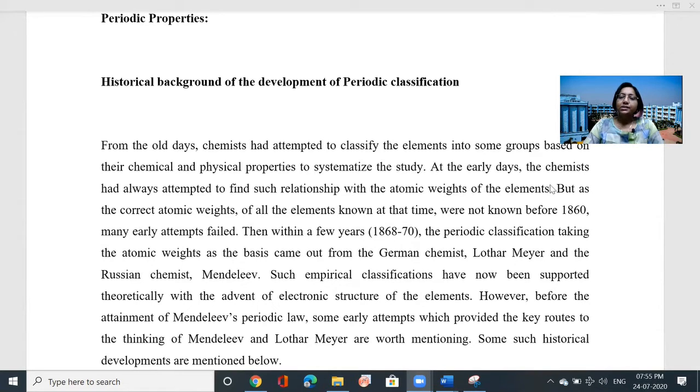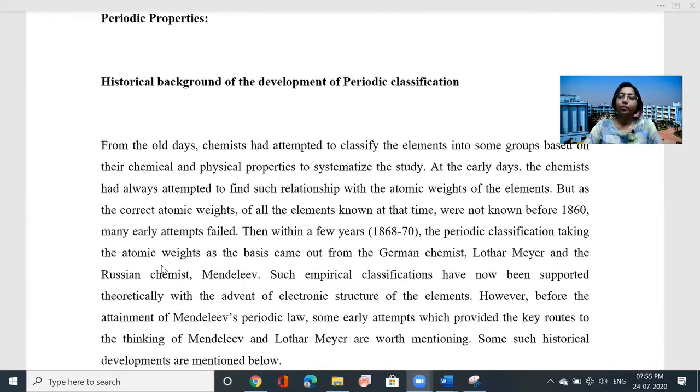At the early stage, chemists always attempted to find such relationships with the atomic weights of the elements. But as the correct atomic weights of all the elements known at that time were not known before 1860, many early attempts failed.